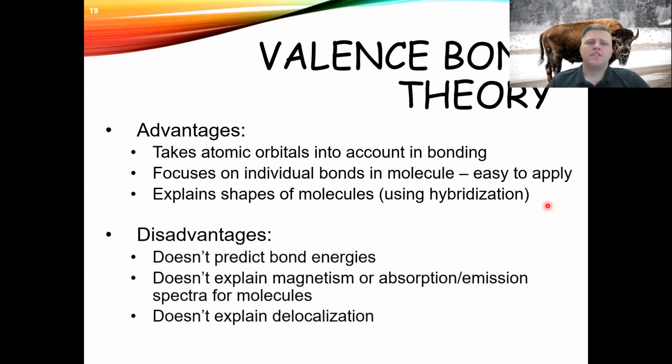Now the disadvantages of valence bond theory are that it doesn't predict bond energies. There doesn't seem to be any direct correlation between which hybrid or non-hybrid orbitals are being used and how strong a specific bond is. And it doesn't explain the magnetism or the absorption and emission spectra of molecules at all. It doesn't even touch on that.